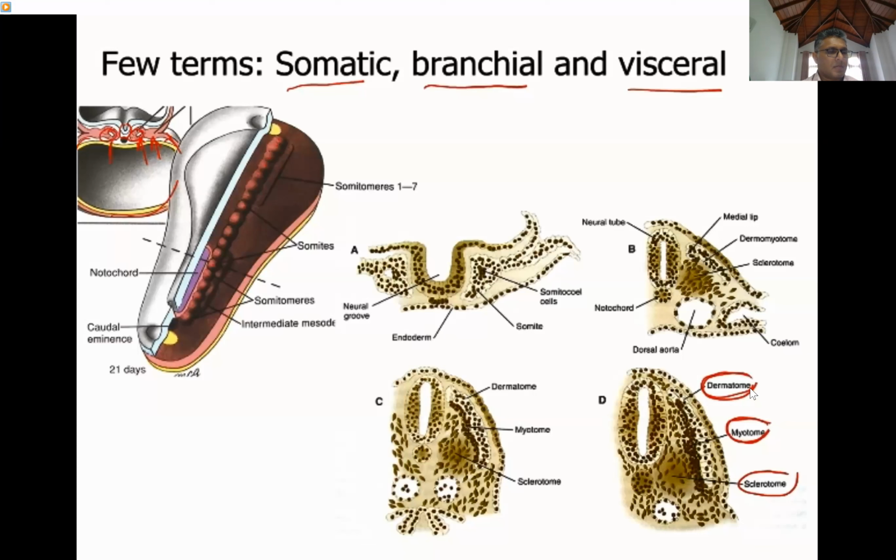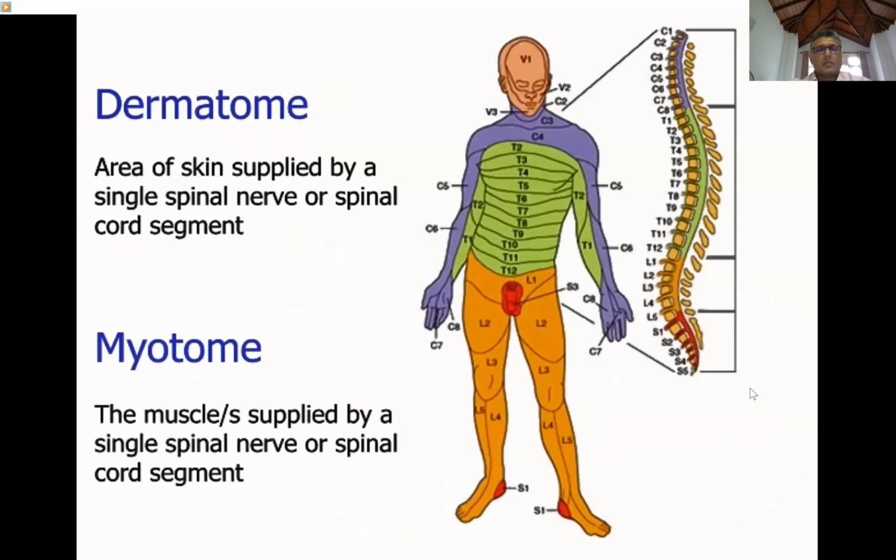The spinal nerve arising from the spinal segment formed in this area supplies the dermatome developing from the same somite, and the myotome developing from the same somite. You already know the definition of dermatome. The dermatome is an area of skin supplied by a single spinal nerve or spinal cord segment.